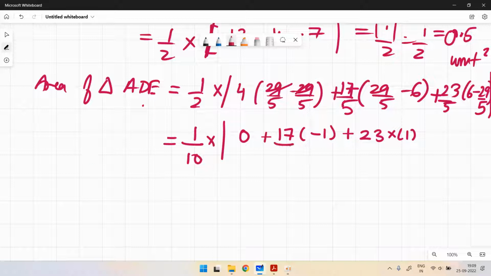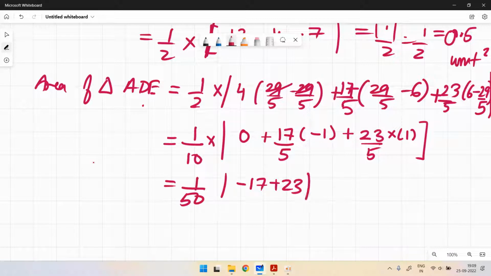Now I can again take 5 common, this is 0, this is 1 by 50, this is minus 17 plus 23, this is 6, so this is mod 6 by 50, this 6 by 50 only.